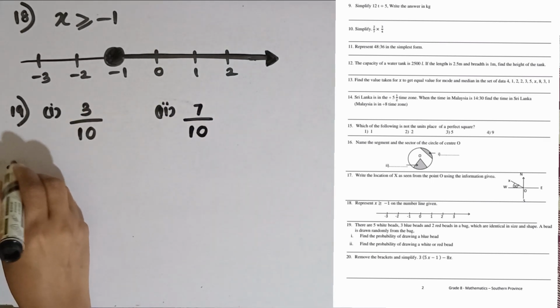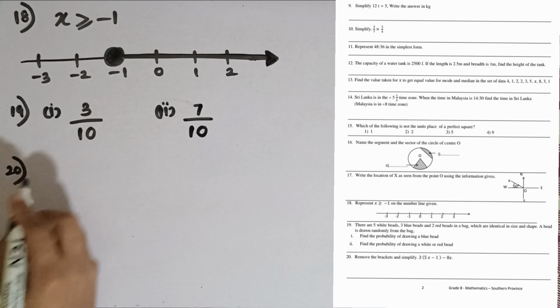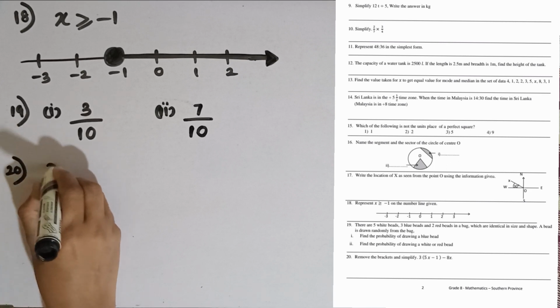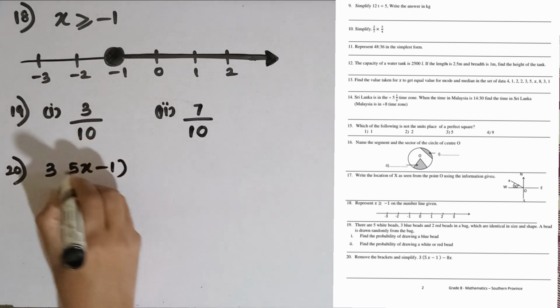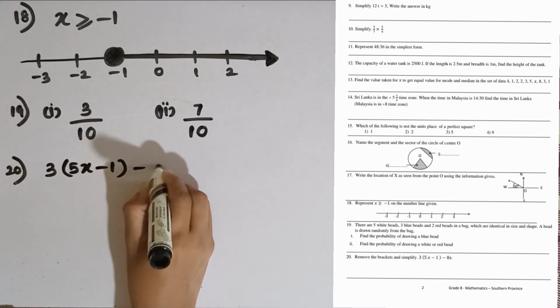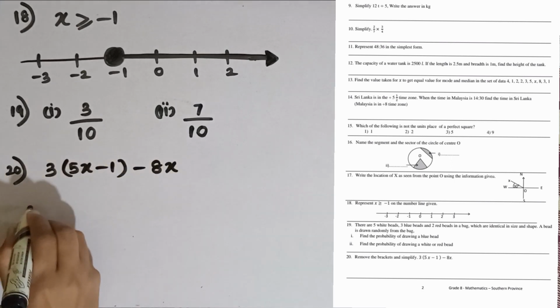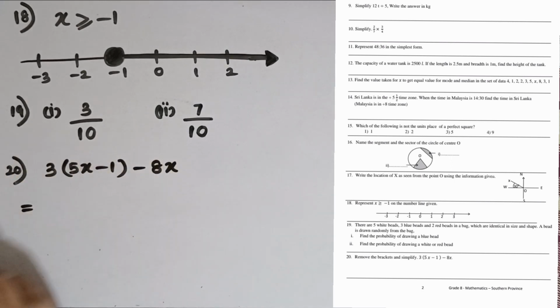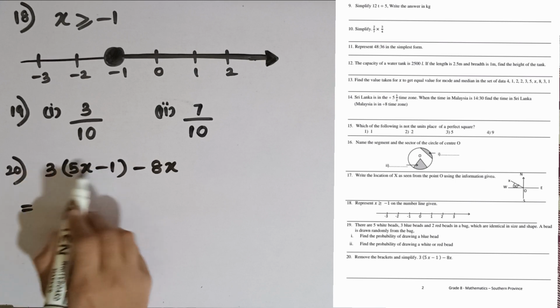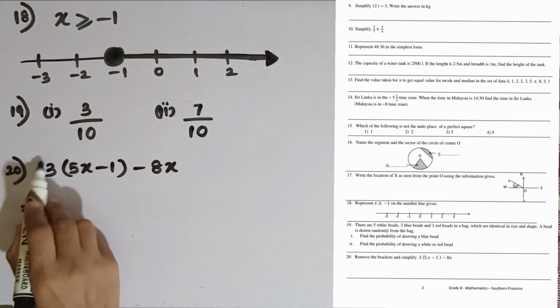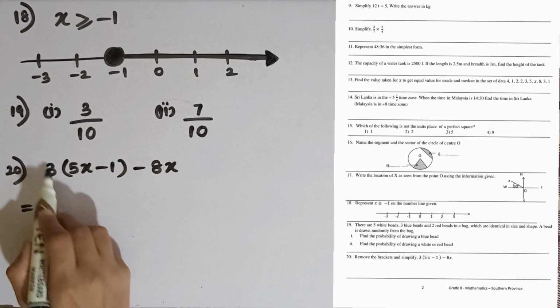Question number 20. Remove the brackets and simplify. 3 times 5x minus 1 minus 8x. We have to remove the bracket here. 3 times 5x. The terms inside the bracket should be multiplied by the number outside the bracket.